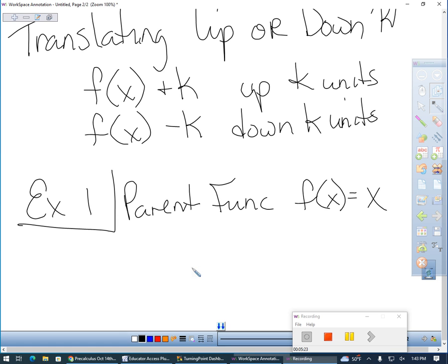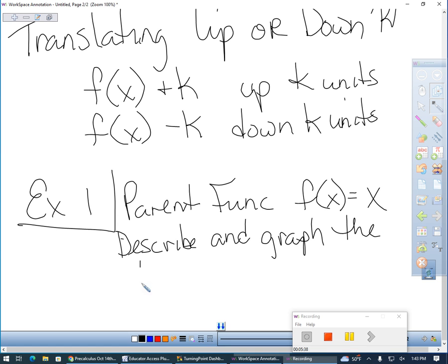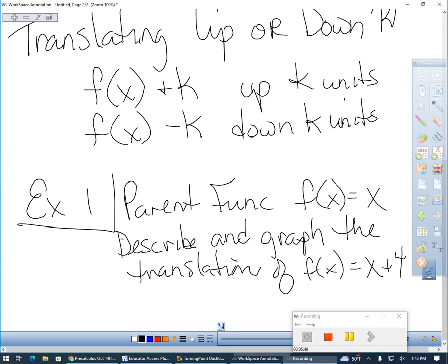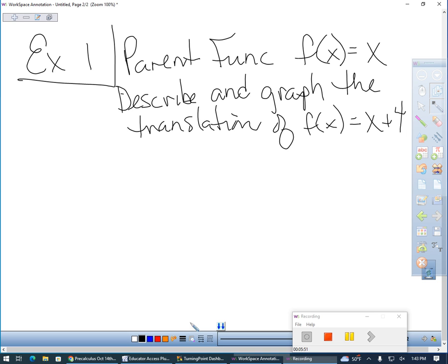And I want to know, describe and graph the translation of f of x equals x plus 4. So first of all, when I have plus 4 at the end, what does that mean we're going to be doing? Yes, we are going up 4 units.